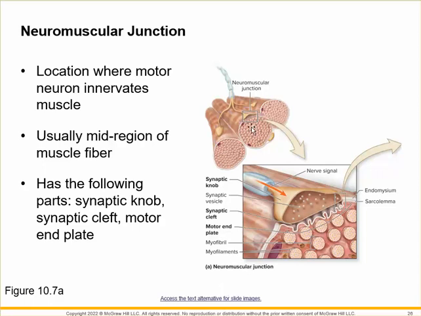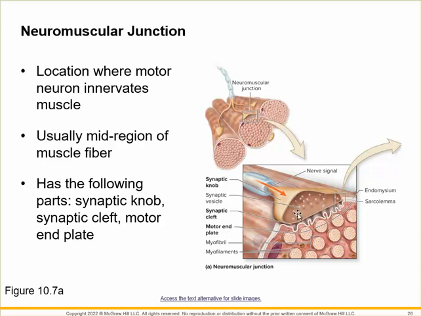At the end of the axon branch, there is a widening called the synaptic knob. It's basically a widening of the end of the nerve.